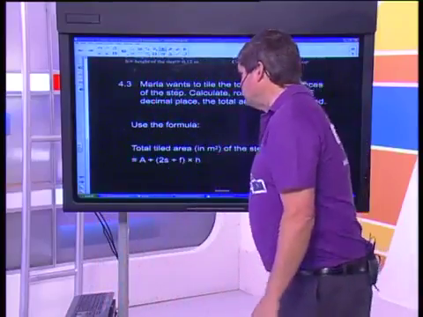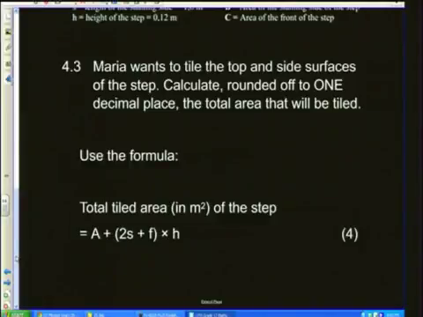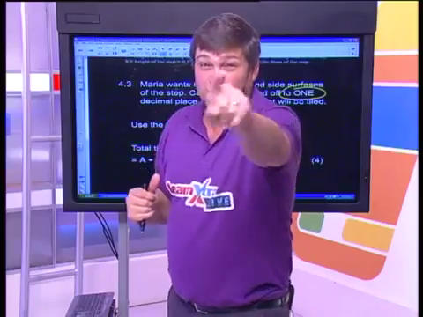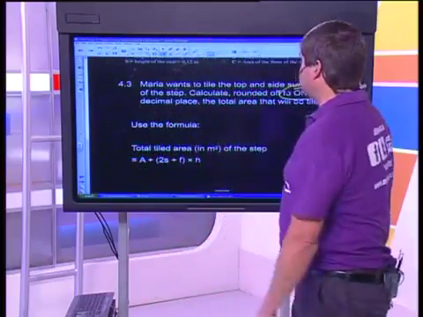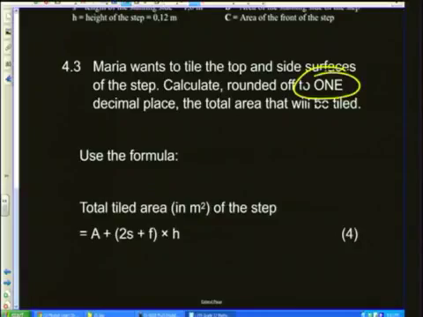Right, let's go on. Maria wants to tile the top and the side surfaces of the step. Calculate, rounded to 1 decimal place. Now, folks, remember I just said to you, if the question doesn't tell you, you know you've got to round it to 2. Here the question's saying round to 1 decimal place. So I know that's what I'm going to do. And we've got to calculate the total area that's going to be tiled.